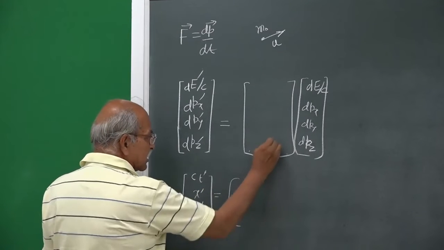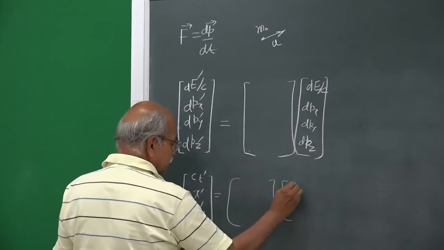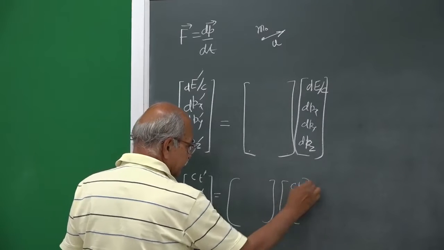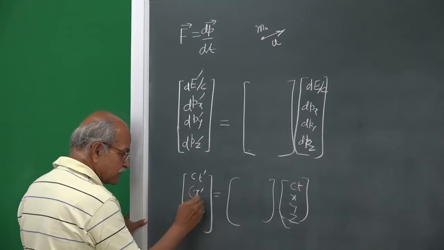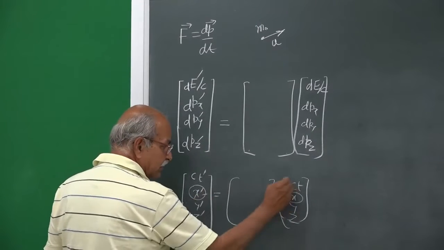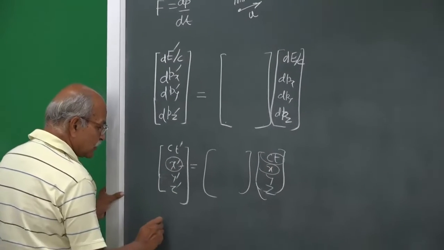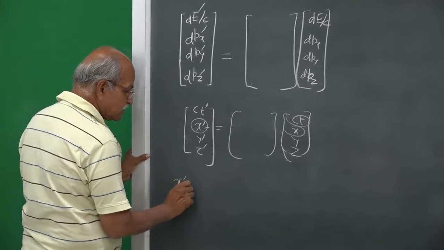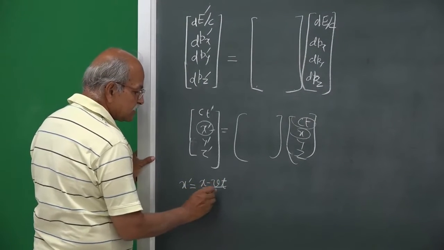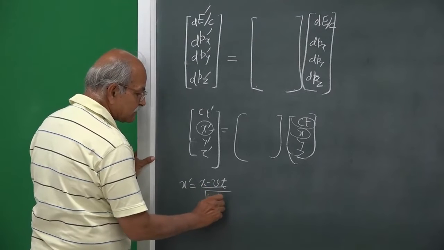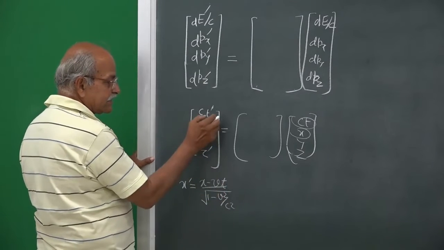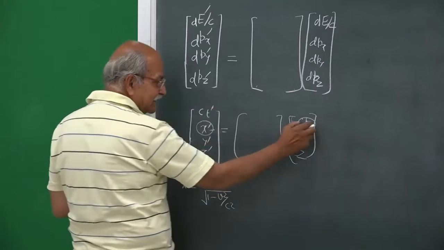So, that will be the same transformation matrix, and then you will have ct here and then x, y and z here. Look at this transformation: x prime is equal to x minus Vt divided by the square root of 1 minus V²/C², and this t is ct divided by c.